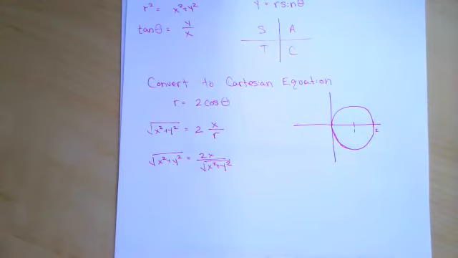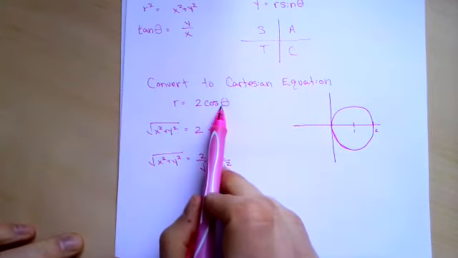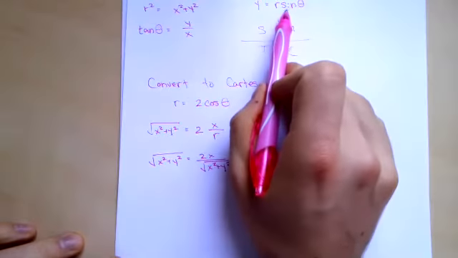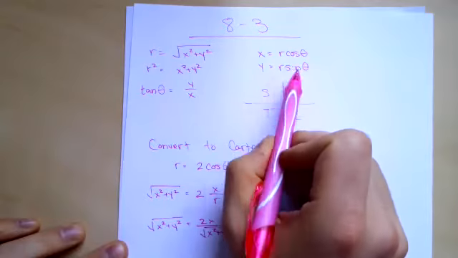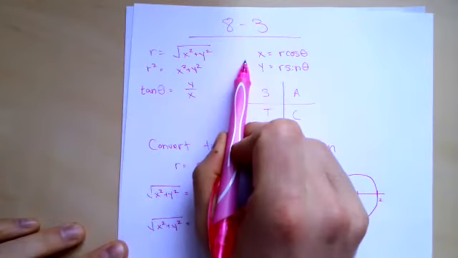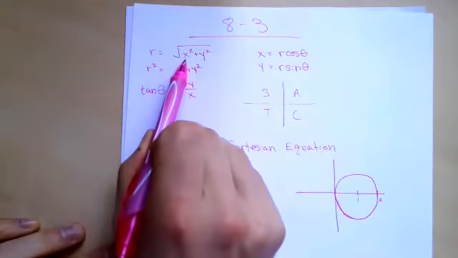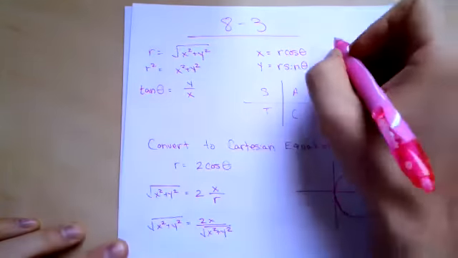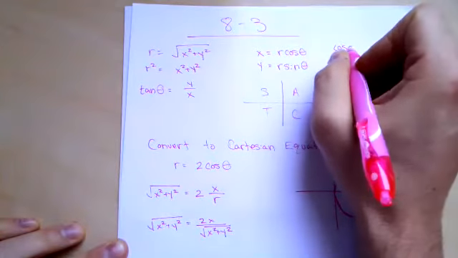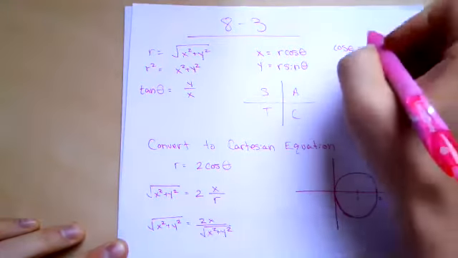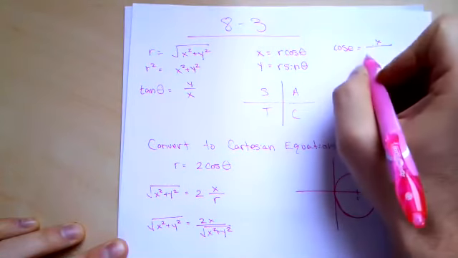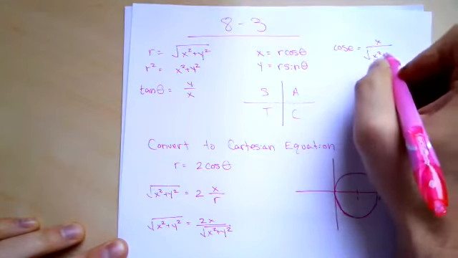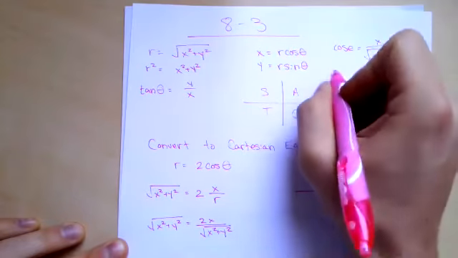So that's the way you get rid of sines and cosines in general. As long as the argument is only a theta, we can essentially just solve our x and y equations for sine and cosine. And then you can replace that r with the square root of x squared plus y squared. So if you want to keep track of those and keep them as equations of themselves separately, feel free.